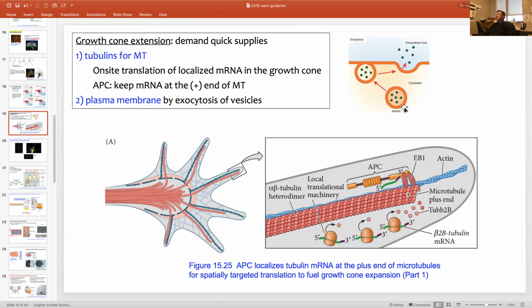Here's a vesicle, which of course is formed by a lipid bilayer, and it fuses with the plasma membrane. That provides this much lipid bilayer to the plasma membrane, so the plasma membrane can be extended.